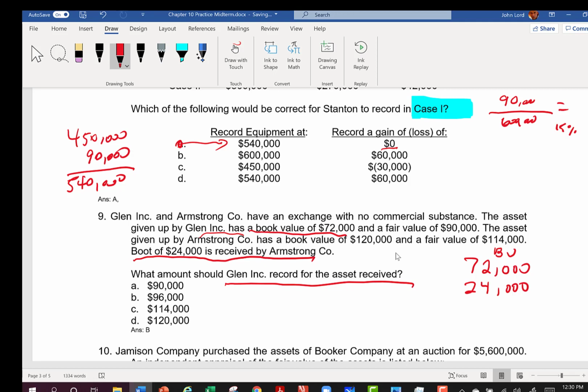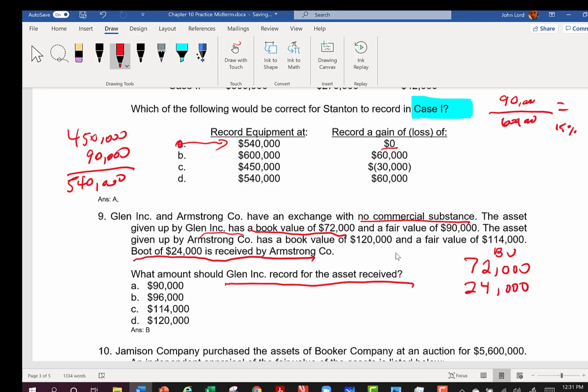But is there any gain here? The transaction has no commercial substance. Since Glenn is paying cash and didn't receive cash, I have to see whether the cash constitutes 25% or more of the total consideration. If so, I will take the gain, and I'll have to add that to get the right answer. If it's less than 25%, I won't take any gain.